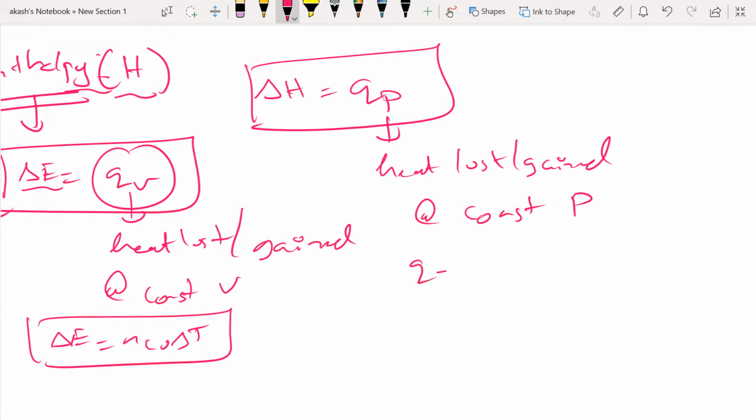Now I know overall Q will be equal to QV plus QP. Is it not?